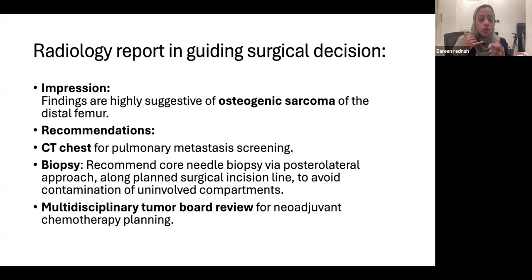Here, usually, we call the radiologist before the biopsy and we tell them, look, my approach is posterolateral, for example. So you take the biopsy through a posterolateral approach. Here, the communication is very important. Multidisciplinary tumor board review for neoadjuvant chemotherapy planning. See, this is the perfect report any surgeon can take.